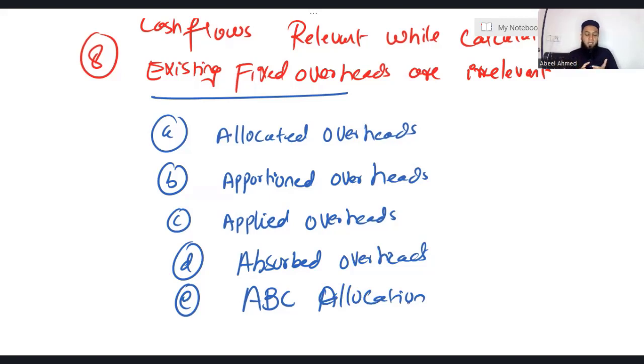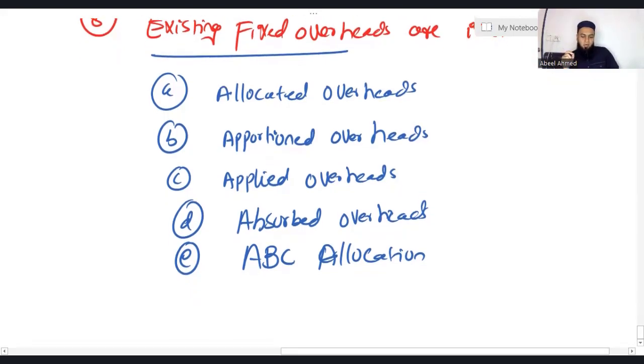Now listen, either it is absorption costing or ABC costing, in both the total overheads will be the same. Only the difference is in allocation. Since both are working on existing overheads, they are irrelevant for us. So now, dear student, for existing overheads, your examiner can use any one of these five terms, but whichever comes, it is always irrelevant. Okay.